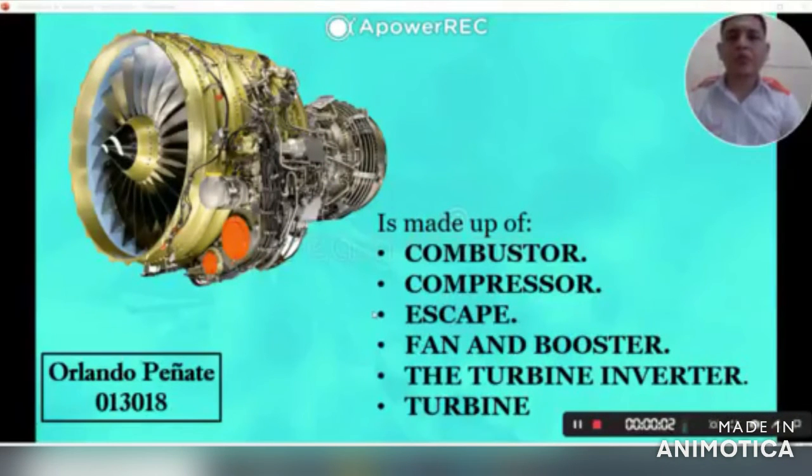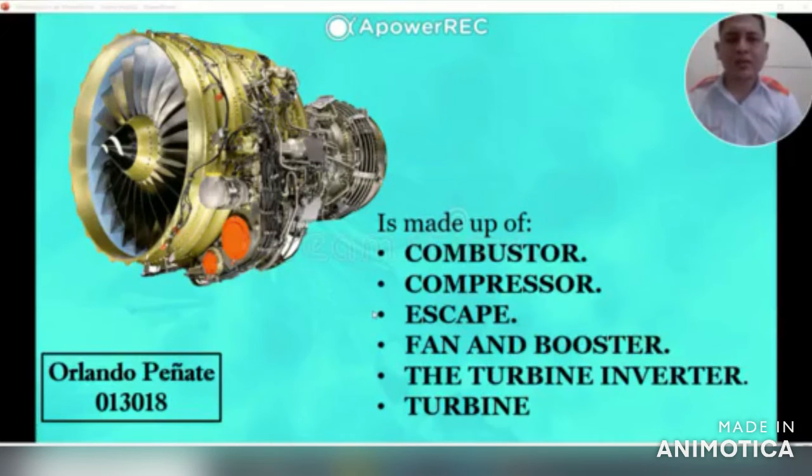Combustor. Most variants of the CFM56 have a single annular combustor. An annular combustor is a continuous ring into which fuel is injected into the airflow and ignited, raising the pressure and temperature of the flow.